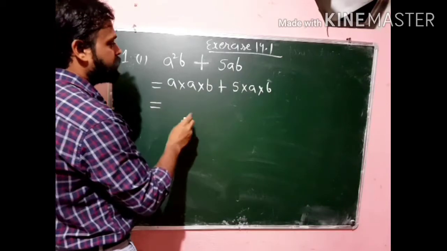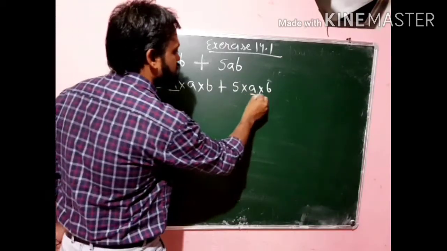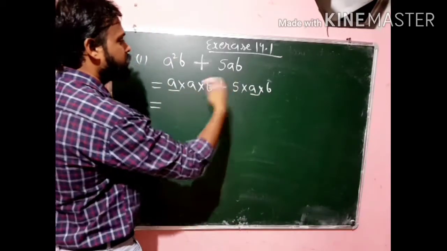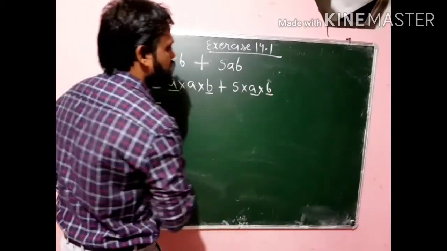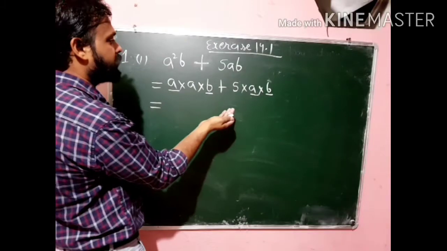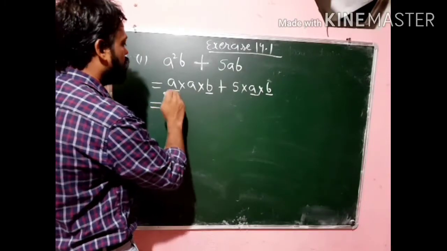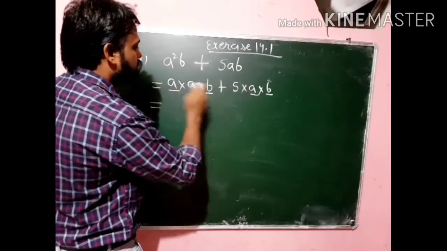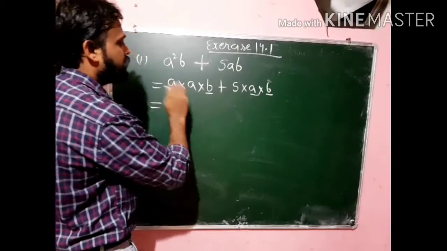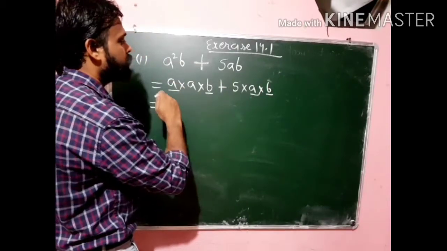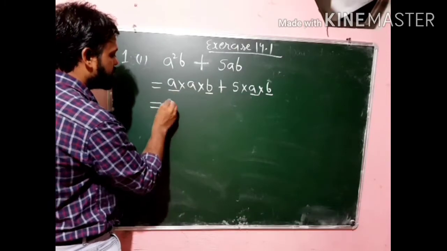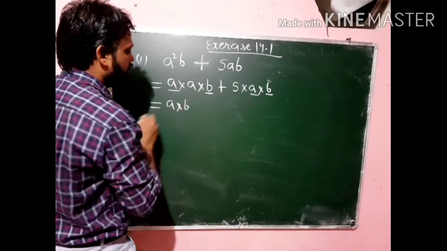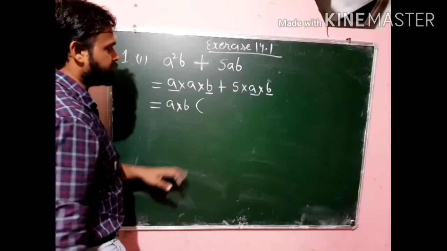Now the next step is to mark the common factors. In both terms you can see a is common and b is also common. So take the common factors outside of the bracket. First mark the common factors in both terms and then take them outside of the bracket. We write a multiplied by b here and start the bracket.